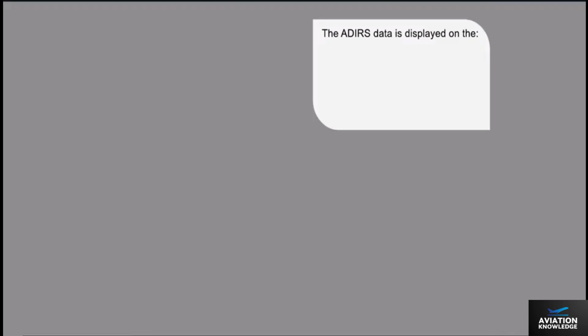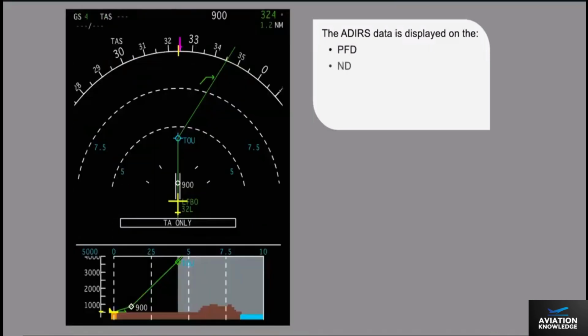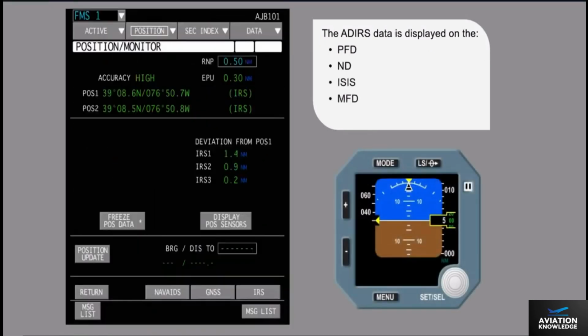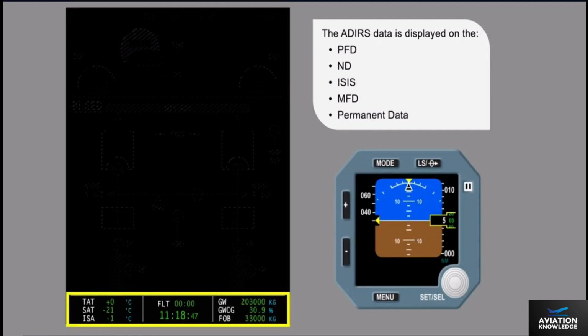The ADIRS data is displayed on the PFD, ND, Integrated Standby Instrument System, MFD, and the Permanent Data Display.